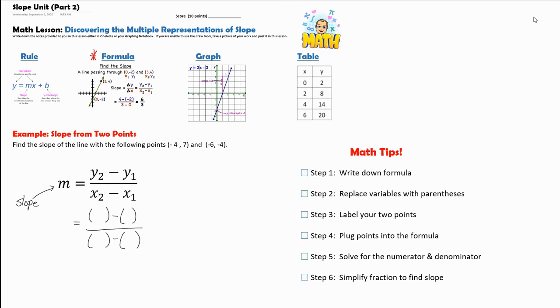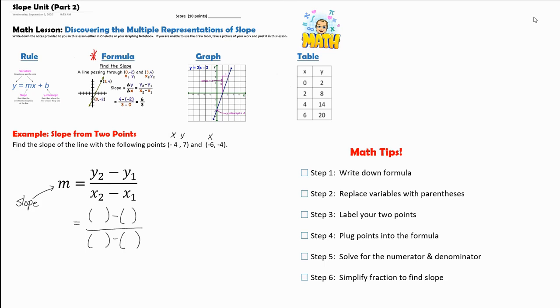Now, step 3 is to label our points. We look at our points because the question says, find the slope of a line with the following points, (-4, 7) and (-6, -4). We know that this is the x value, this is the y value.